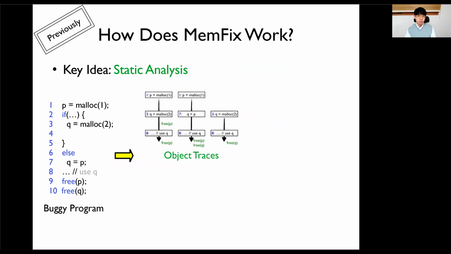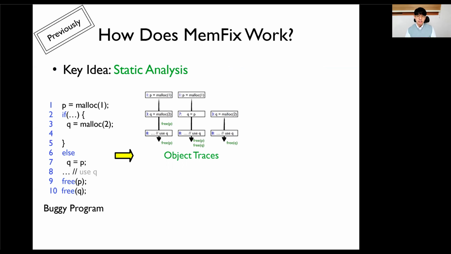In particular, we have learned MemFix, which is the state-of-the-art technique for fixing memory deallocation errors. To fix the bugs, the first key idea of MemFix is to enumerate all the object traces by using a static analysis.